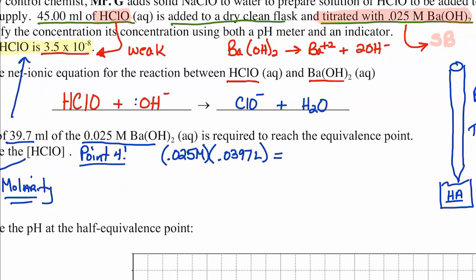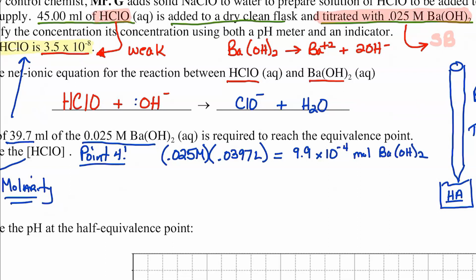Plug this into my handy-dandy calculator, and I get 9.9 times 10 to the negative 4. And that, of course, is moles of barium hydroxide.